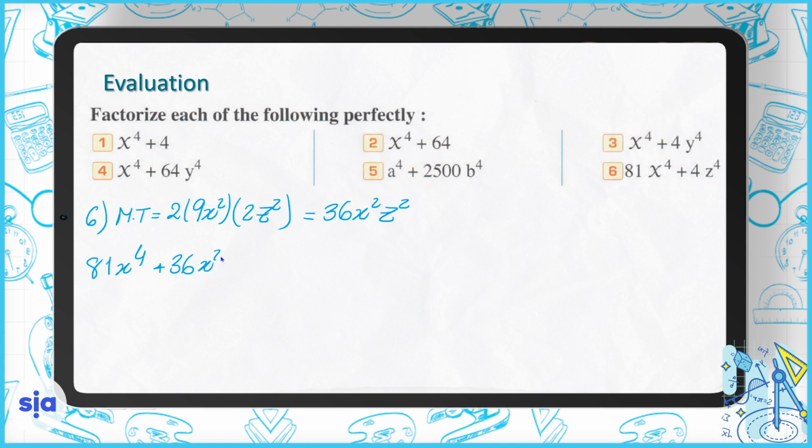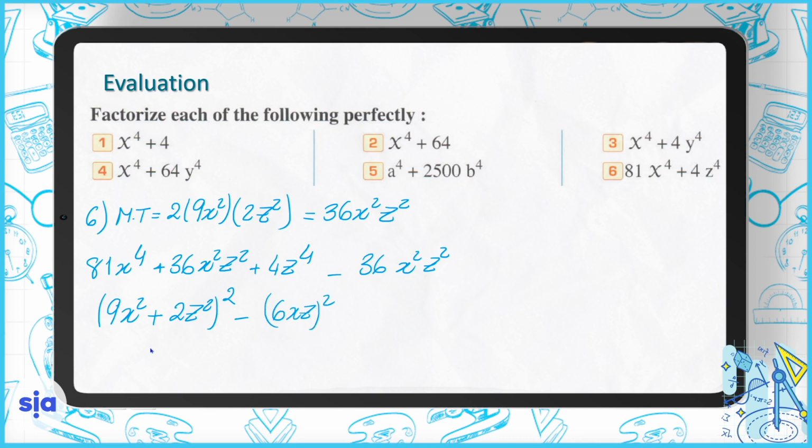So it's 36x squared z squared plus 4z power 4 minus the 36x squared z squared. This is the perfect square trinomial as (9x squared plus 2z squared) all squared minus (6xz) all squared. To factorize this into two brackets, here we have the (9x squared plus 2z squared minus the 6xz), and here the (9x squared plus the 2z squared plus the 6xz).